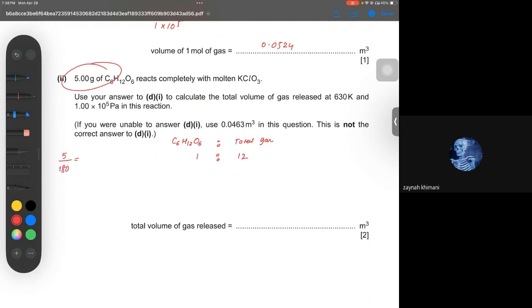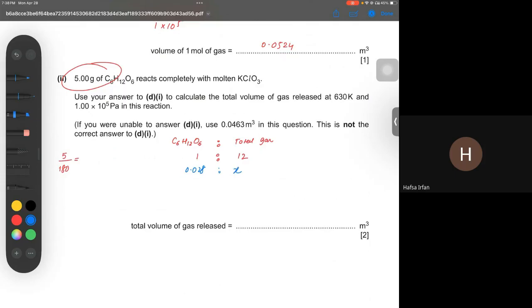So can you tell me the number of moles of glucose? 5 upon 180, 0.028.